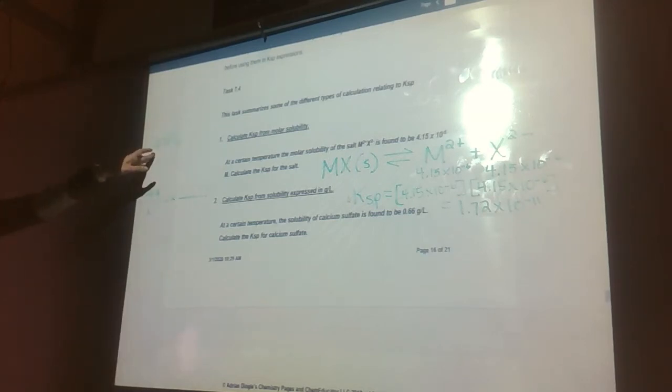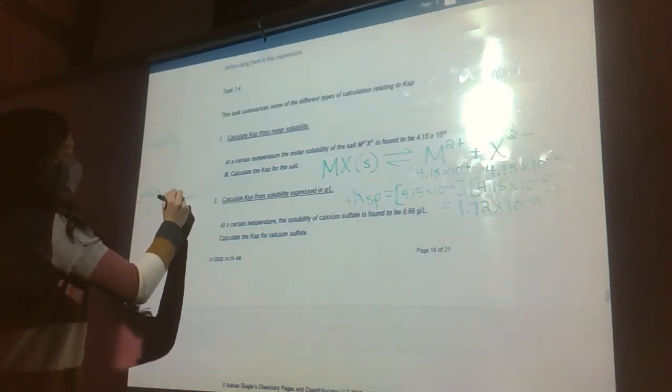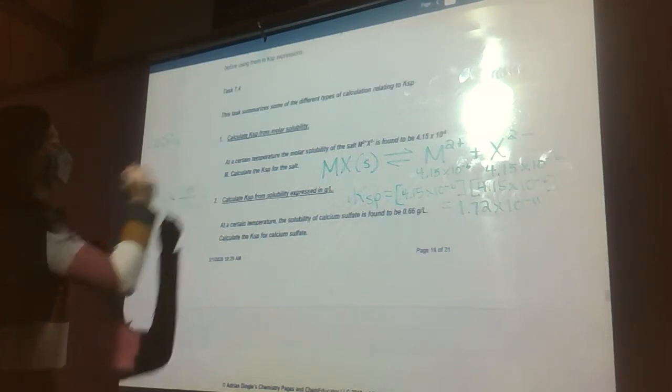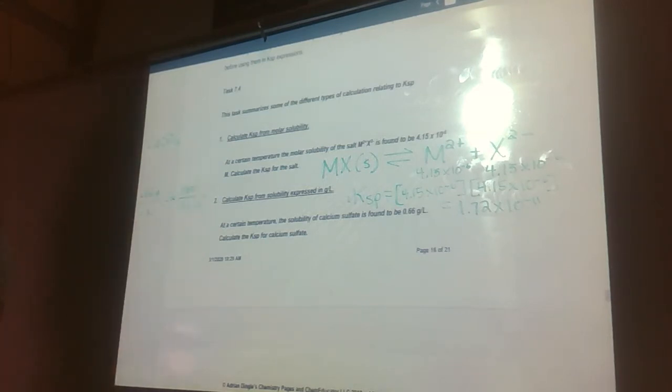So you would add those up, 40 plus 32 plus 64, 136 grams per mole, and you would get molarity. And then you would treat it exactly the same.